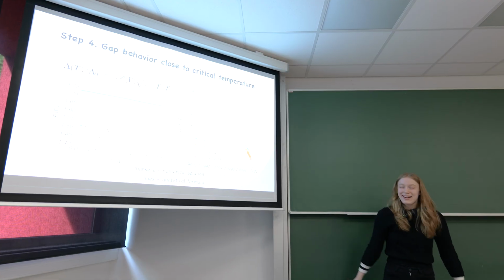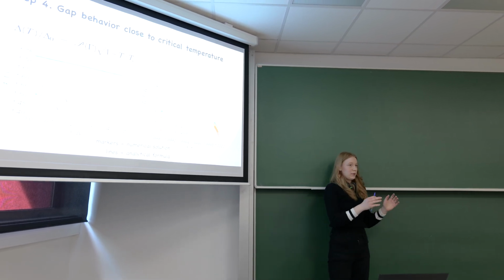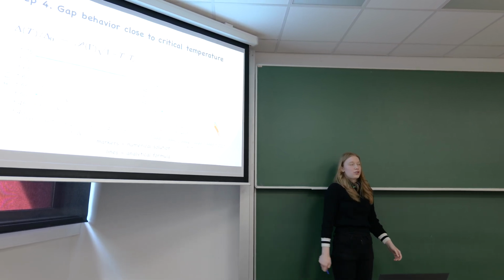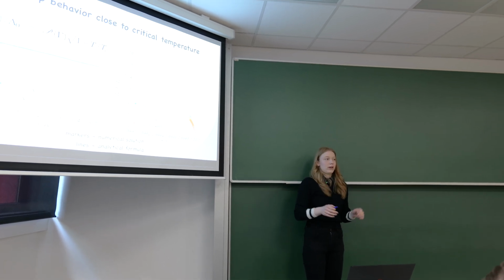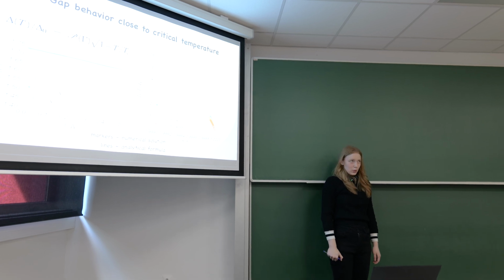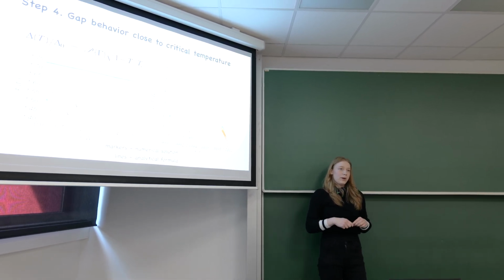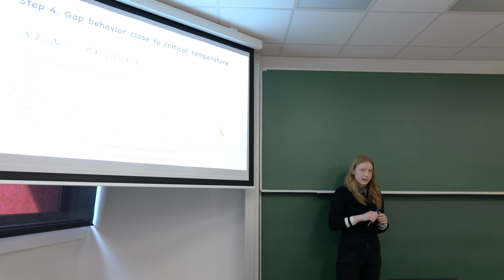And now, the icing on the cake, because at the beginning we said we want to find as much as possible about the energy gap. So our dream is to find an analytical equation for the gap valid for the full range of temperatures. And we know that there is such a trick in BCS theory that we approximate the gap behavior with a hyperbolic tangent function.